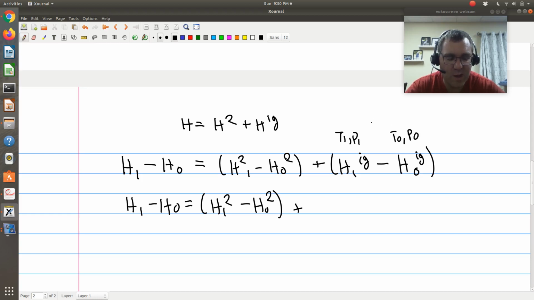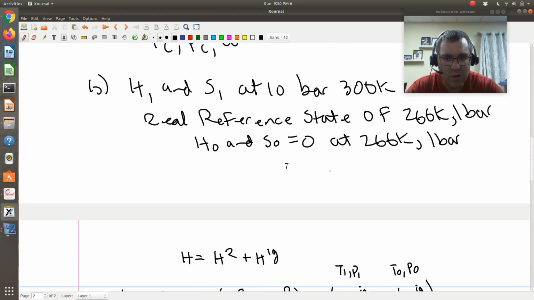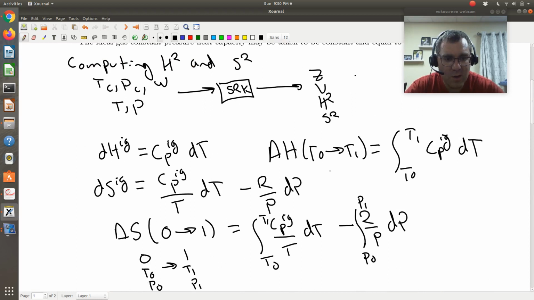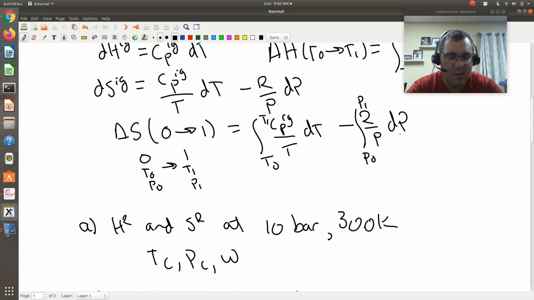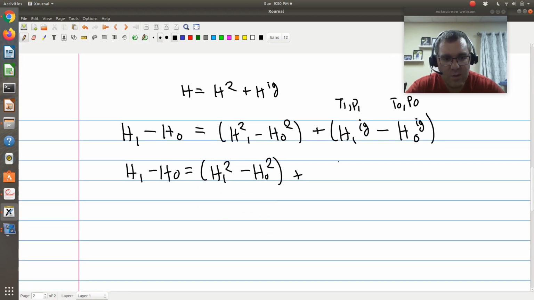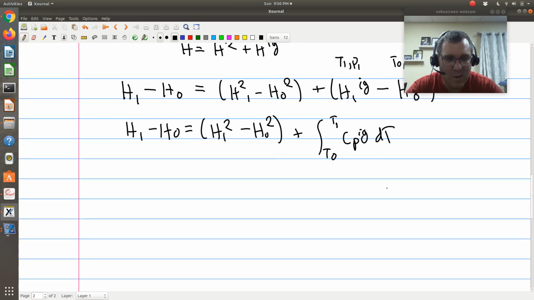I could write this down for the entropy case too. Enthalpy ideal gas is only a function of T, so coming back up to my preliminary, going from state 0 to state 1, delta H is just the integral from T naught to T1 of Cp ideal gas dT. In this problem we're even told that the heat capacity is constant, so it's just Cp times T1 minus T naught. But I'll leave it at that.